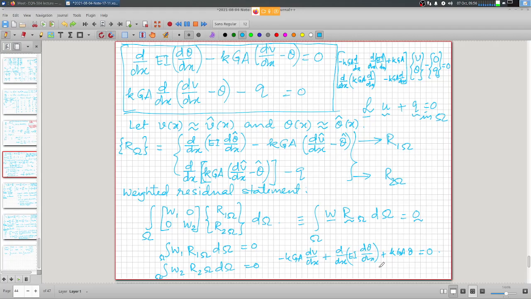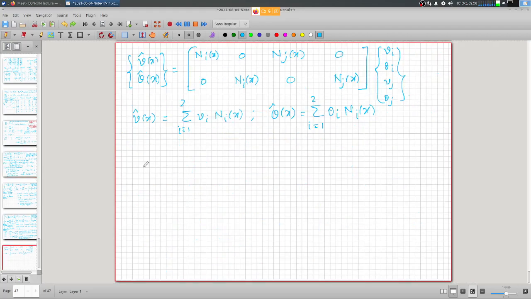So the second one is multiplied with theta, kGA times theta. Okay, I understood. It was d by dx. I thought it was regular dtheta/dx. Sorry. Fine, we can work on that if we require.